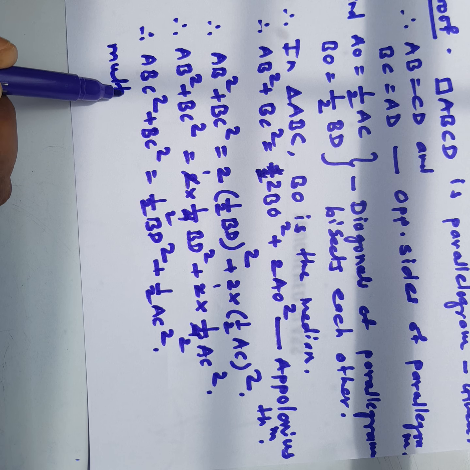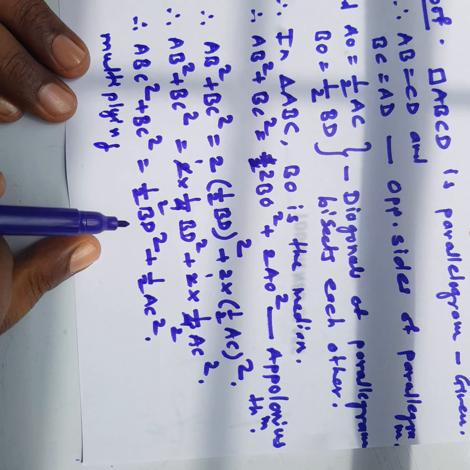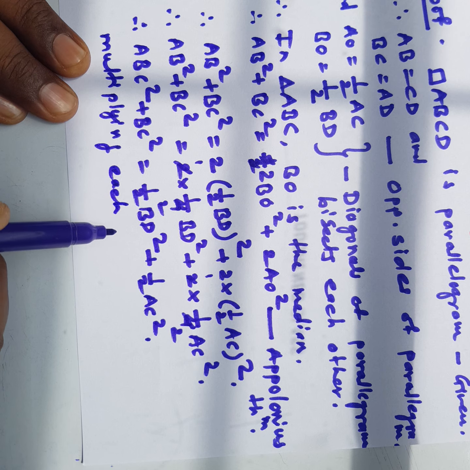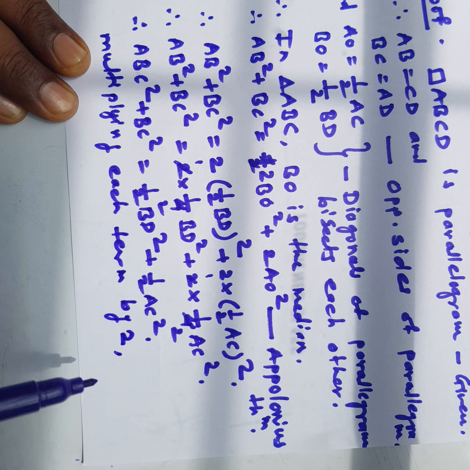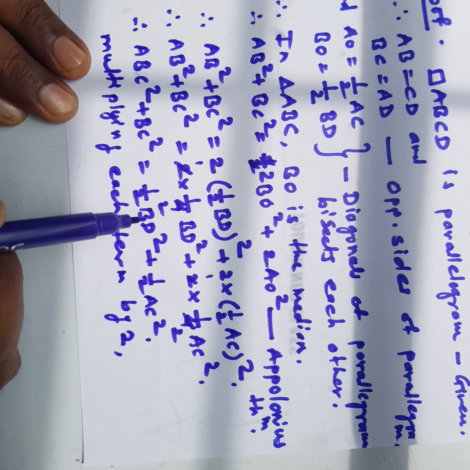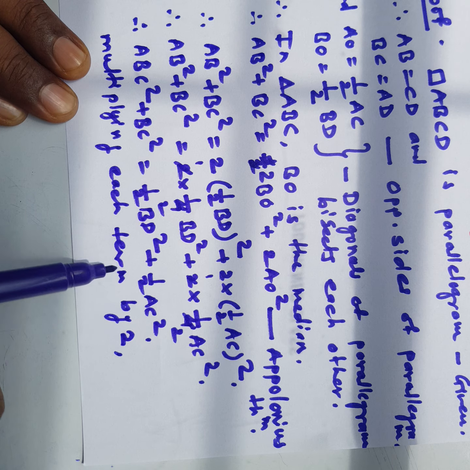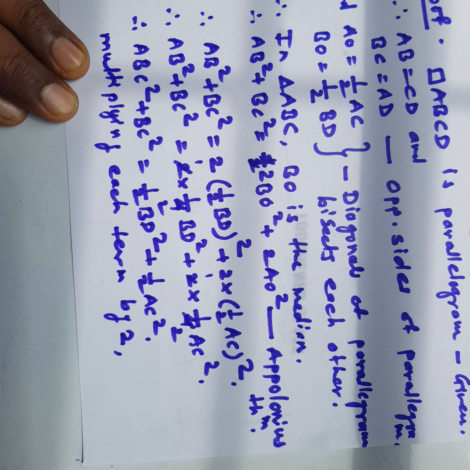Then we will multiply each term by 2. Why? Here 1/2 is multiplied to BD square and AC square. Therefore multiply each term by 2.